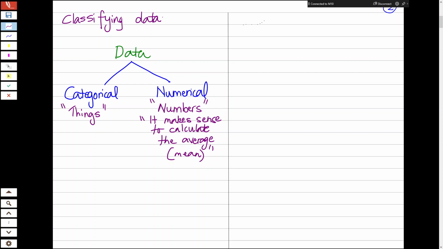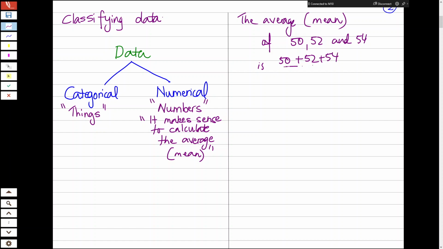So, for example, the average, and I really mean the mean, pardon the pun, of 50, 52, and 54 is 50 plus 52 plus 54 divided by 3, which is 52. So I'm trusting that you've seen a calculation like this before when you've calculated the average.